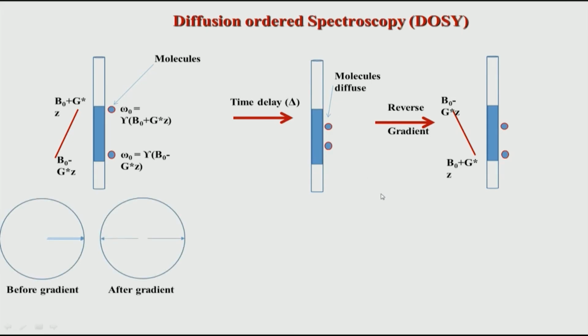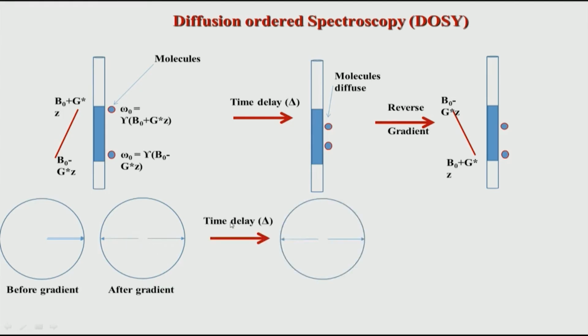So, let us see by vector picture what is happening. This is what we saw. Let us say we have 2 spins, and I have put 2 arrows corresponding to these 2 spins. After the gradient is applied, suppose they are out of phase, with one exactly opposite to the other. So, there is no signal. If you add the 2 signals, being opposite, the sum is 0.